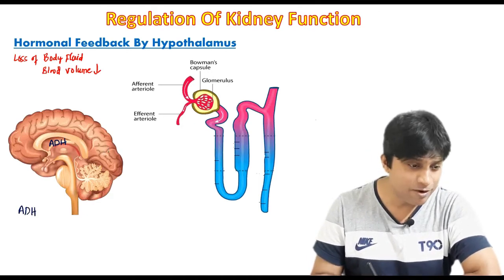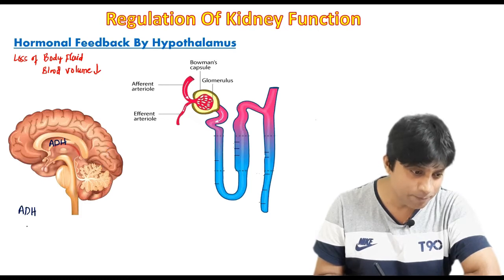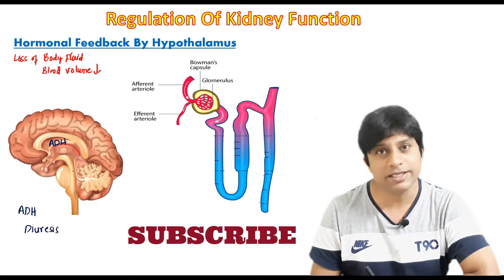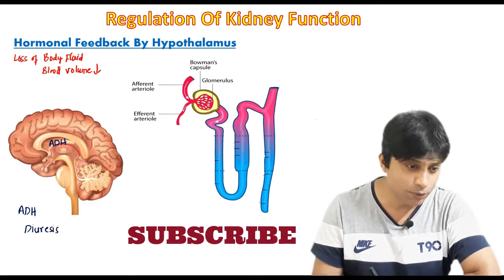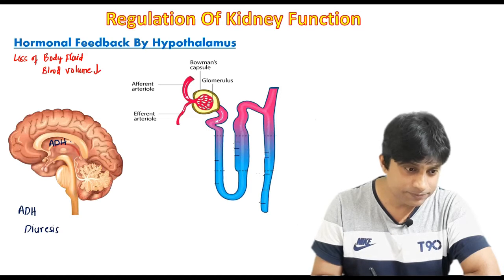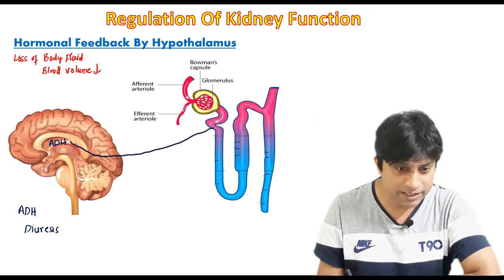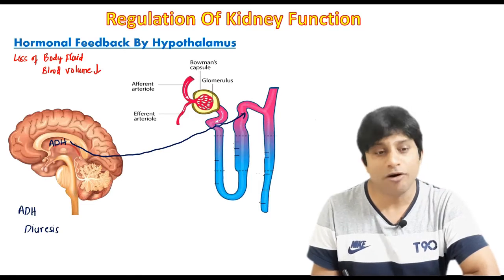The principal function of this is it will prevent diuresis. Diuresis is prevented by this ADH or vasopressin. So this ADH efficiently affects the distal convoluted tubule of the nephron.